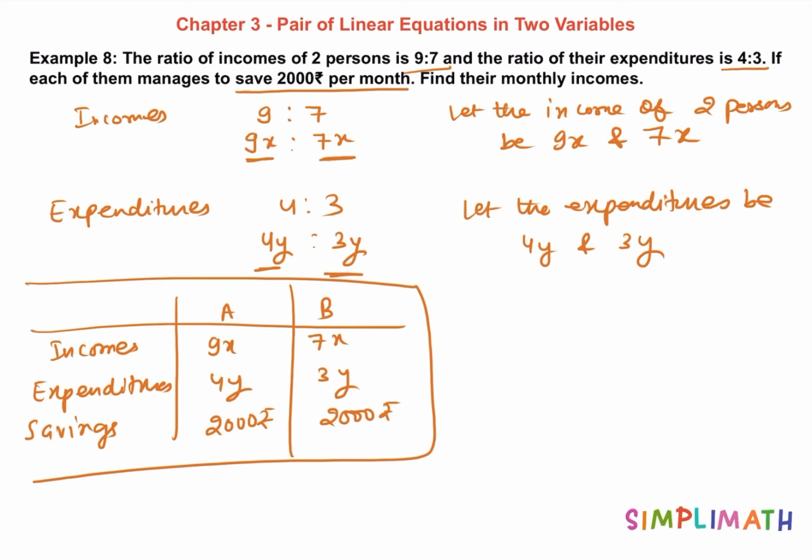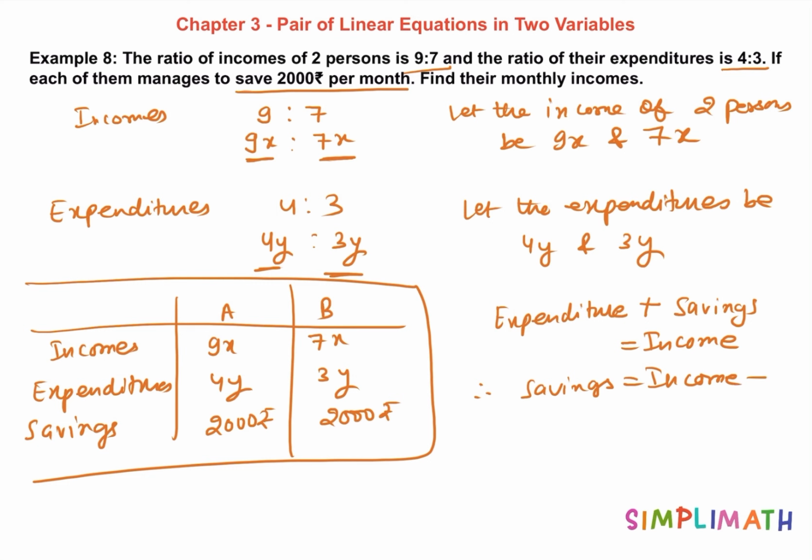Now we need to understand one thing, that whatever we spend is the expenditure, whatever we spend plus whatever we save is equal to our total income, right? So the income can be divided into expenditure and savings, right? So I can say that savings is equal to income minus expenditure, right? This is one thing.